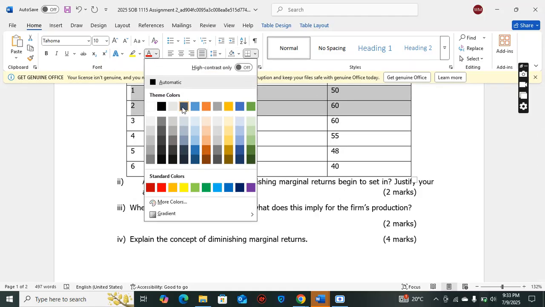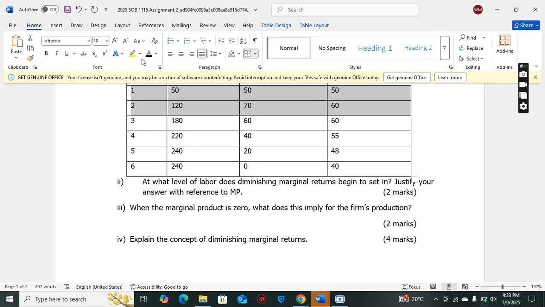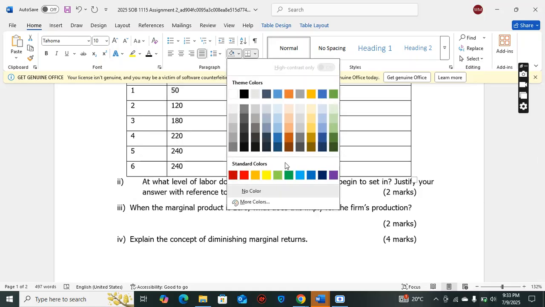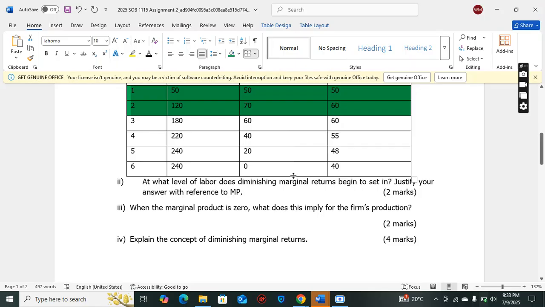What do we call this region first? Before we go, what do we call this region here? Here you've got increasing returns.